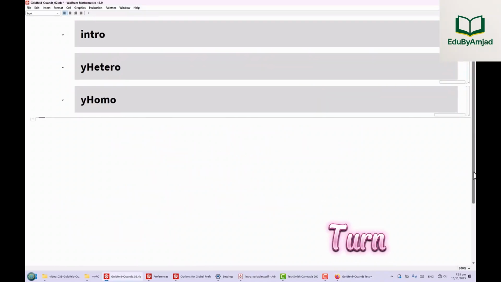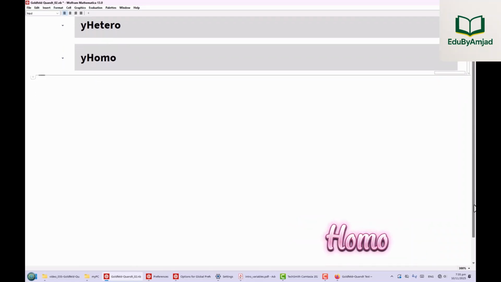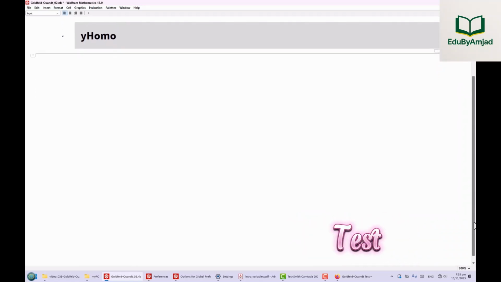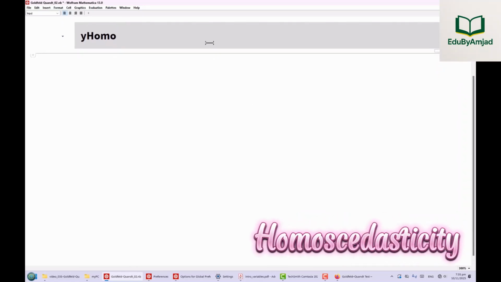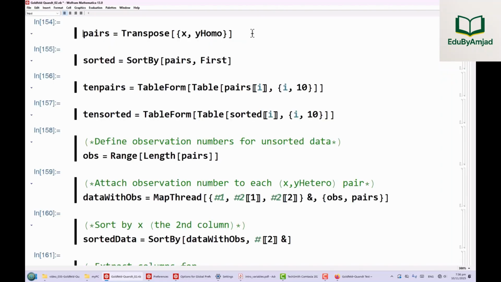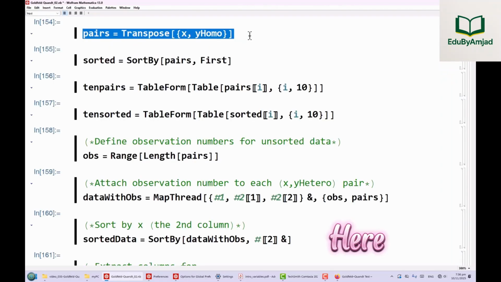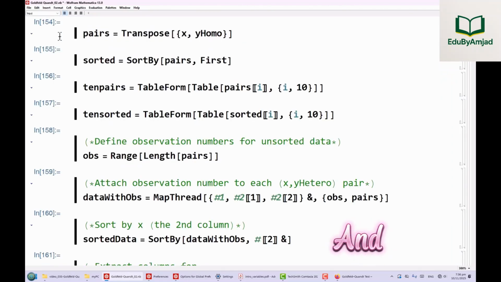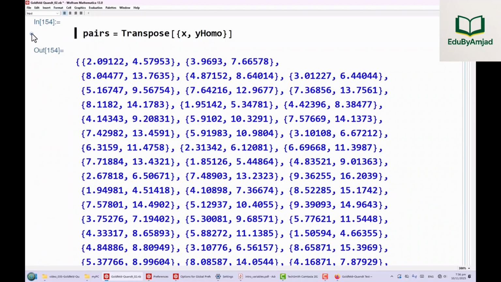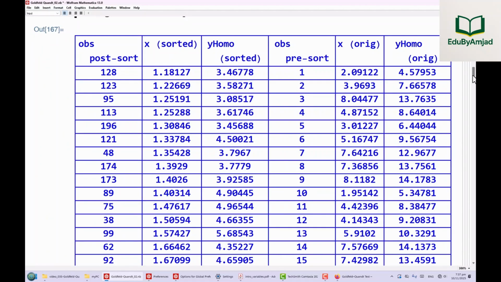Now, let's turn to the dependent variable named y-homo, and apply the Goldfeld-Quandt test to check for homoskedasticity. Here is the list of 200 pairs of x and y-homo. We sort these pairs in increasing order of x.